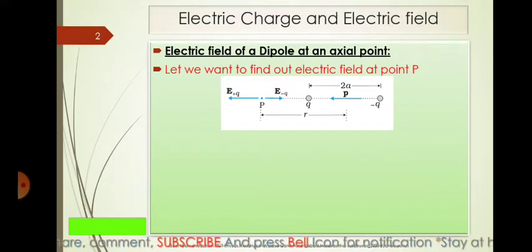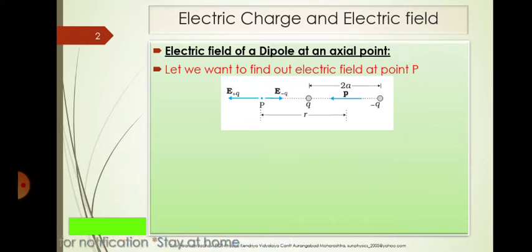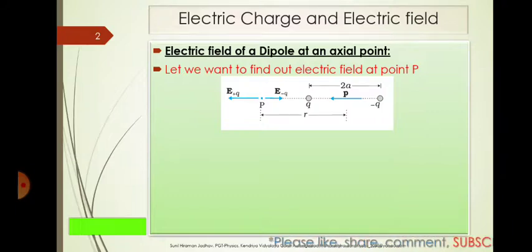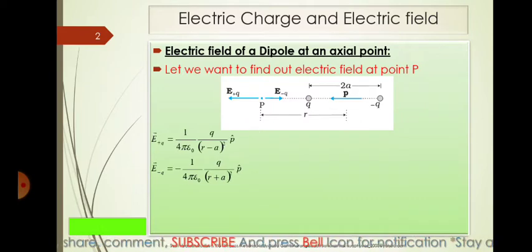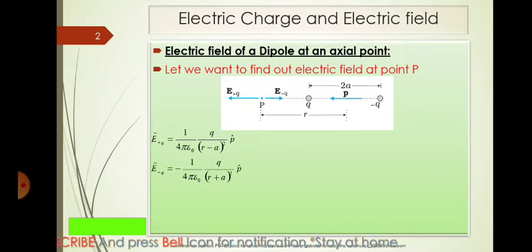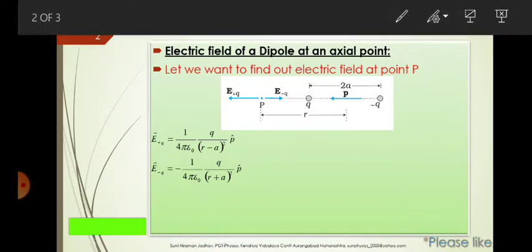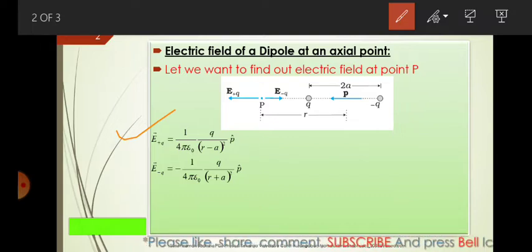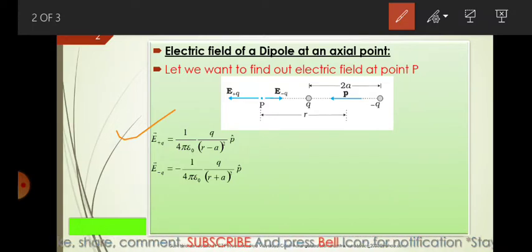Now if I want to find the electric field at point P, clearly it is nothing but the superposition of two electric fields. So vectorially we have to see what the resultant is. Let's say the two individual electric fields, of plus q charge and minus q charge, are given by E plus q equal to 1 upon 4 pi epsilon 0 into q upon (r minus a) square.